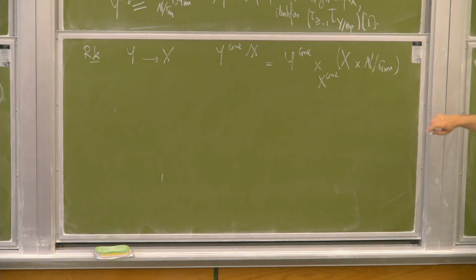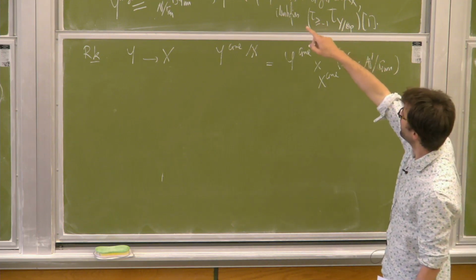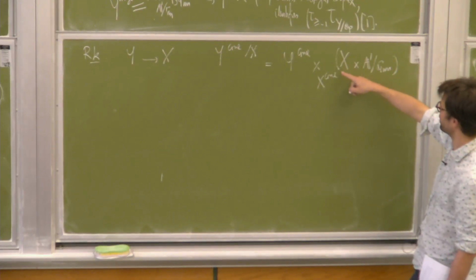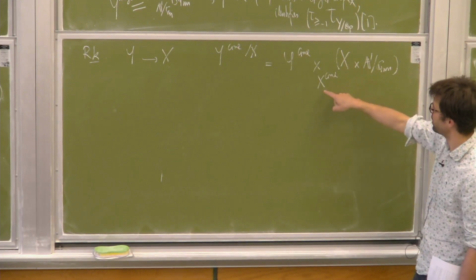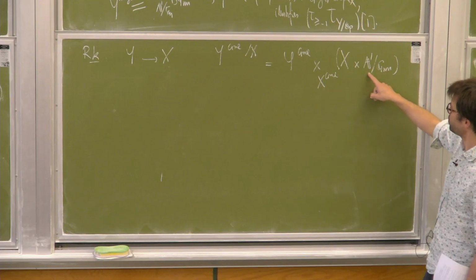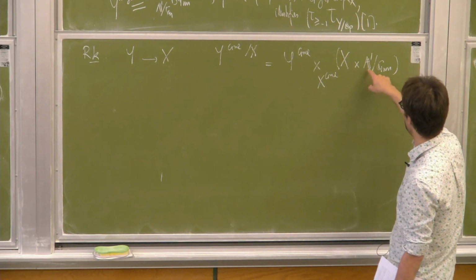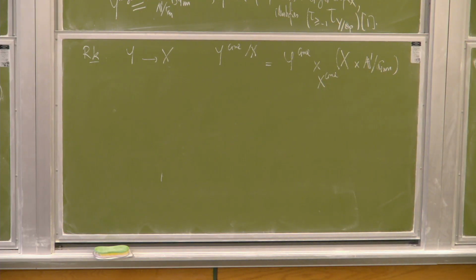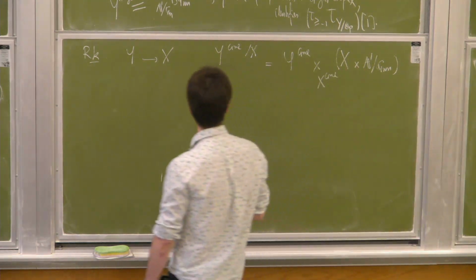Just because there is always a map from D to Z, so evaluating on points, this gives a map from x to x cone, and of course everything also lives over A^1 mod G_m. So you can form this base change.